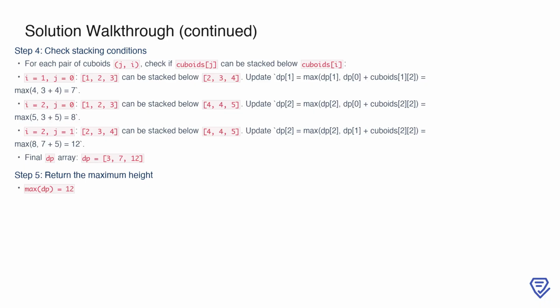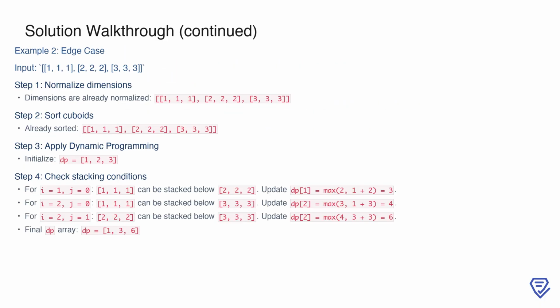In this example, the input consists of cuboids with dimensions [1, 1, 1], [2, 2, 2], [3, 3, 3]. Since each cuboid already has its dimensions in non-decreasing order, normalization does not alter the input. The cuboids are also already sorted lexicographically, so the order remains [1, 1, 1], [2, 2, 2], [3, 3, 3].